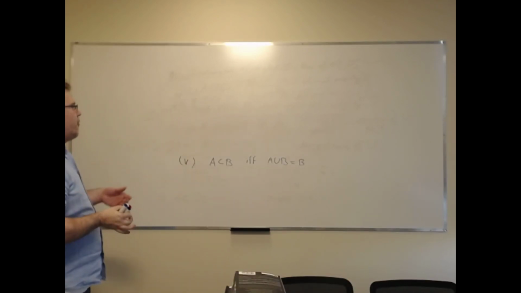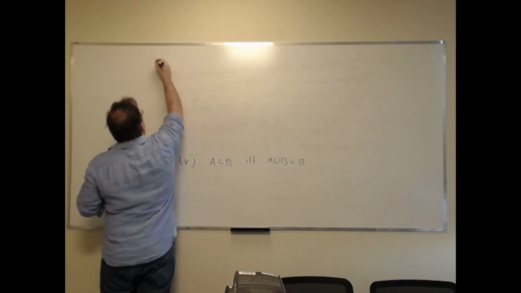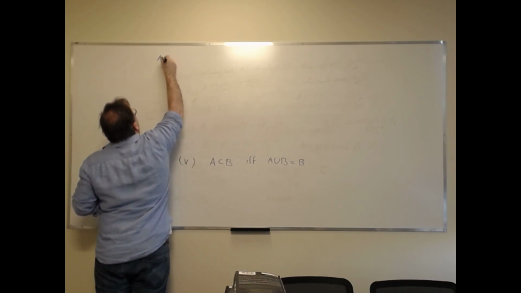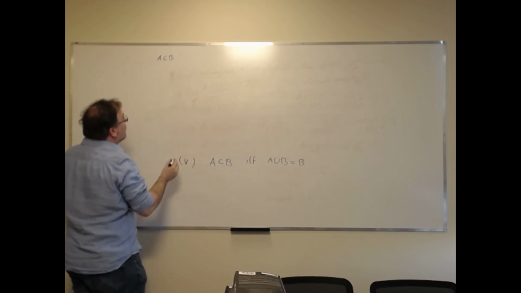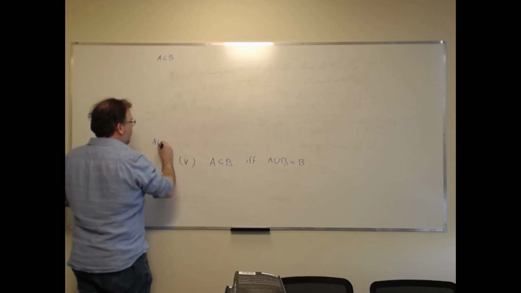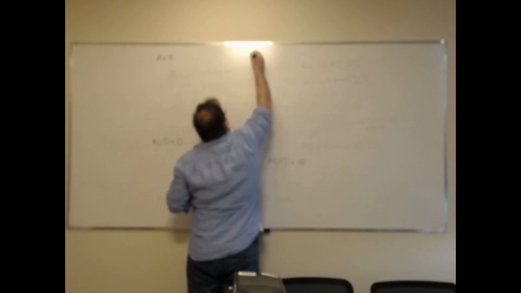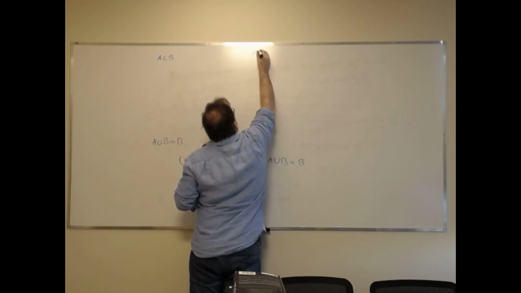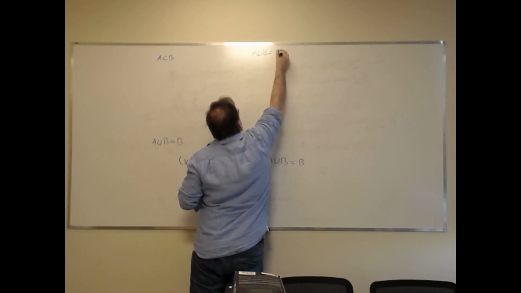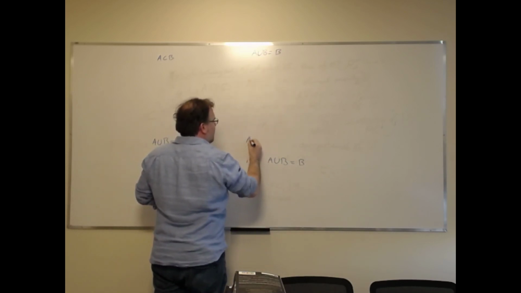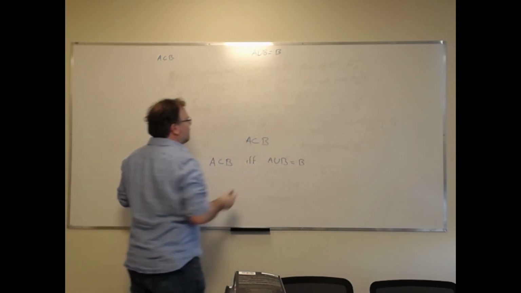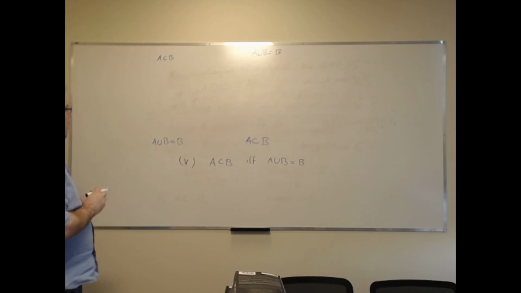Well, there's going to be two parts, right? There's going to be a part that starts from A is a subset of B and ends with A union B equals B. And then there's going to be a second part starting with A union B equals B and ending with A is a subset of B. What are we going to do?